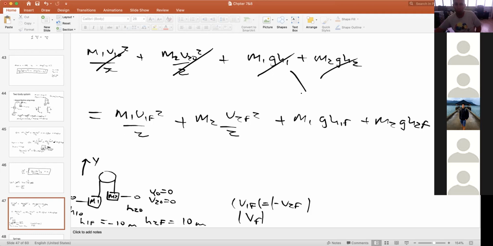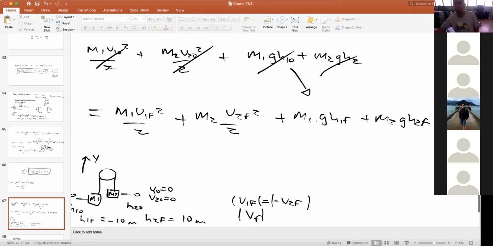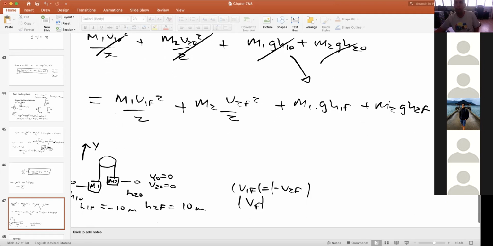This one went from H1 initial to H1 final, which was a drop of 10 meters. M1 fell 10 meters. H2 started at 0 and rose 10 meters, right? So this is minus 10 and this is 10. These are both V final, because the absolute magnitude, because I'm going to square them anyway.